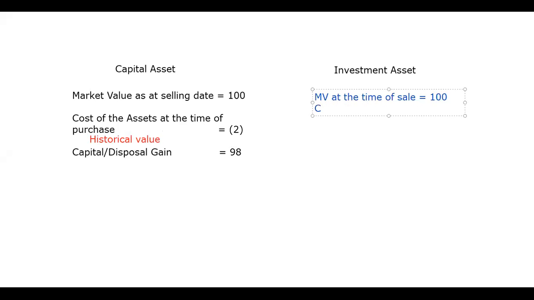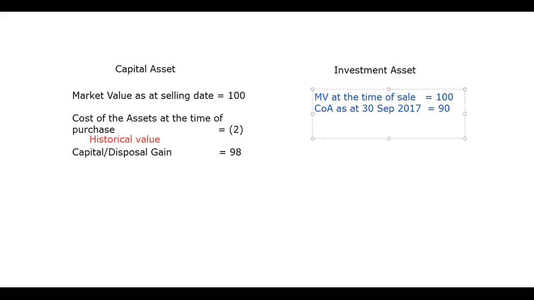The cost of the asset as at 30th September 2017 is almost equal to the market value, let's say 80 million or 90 million.